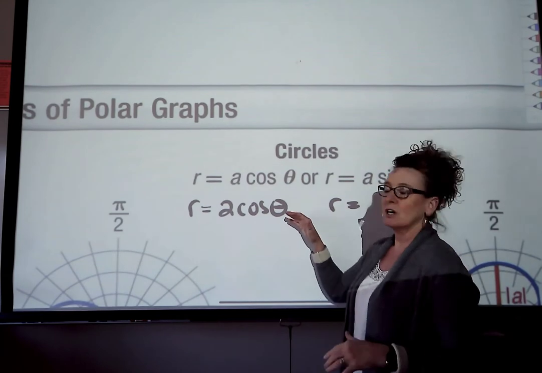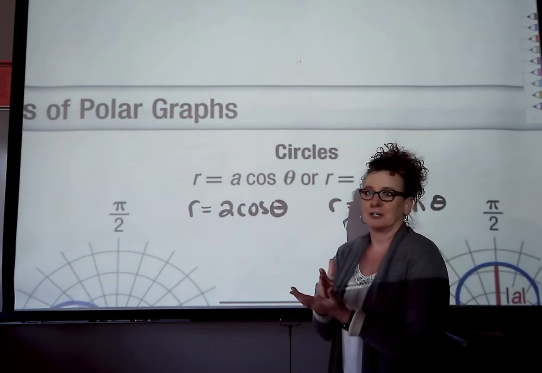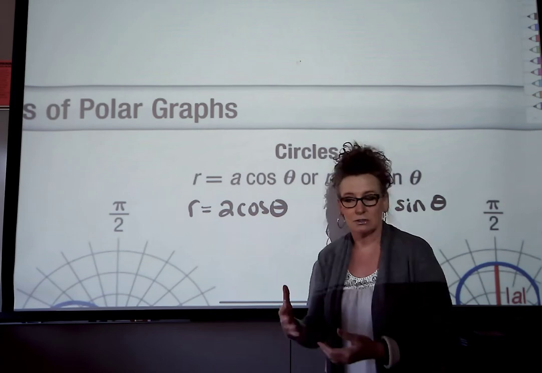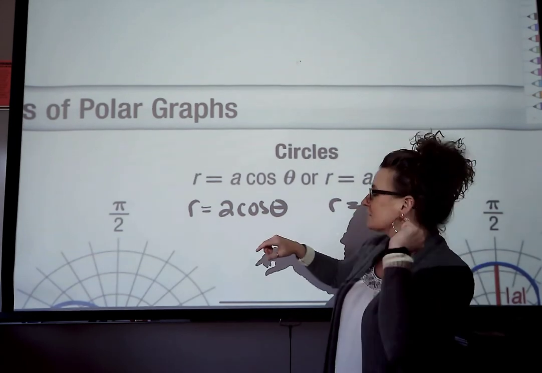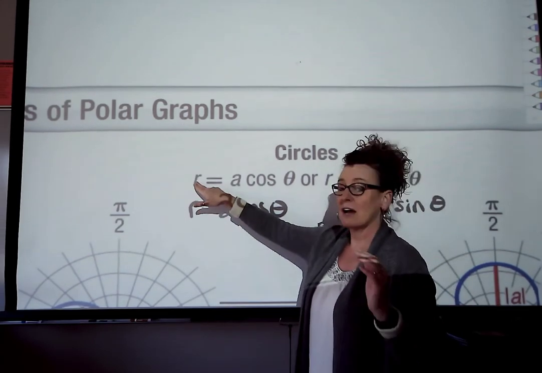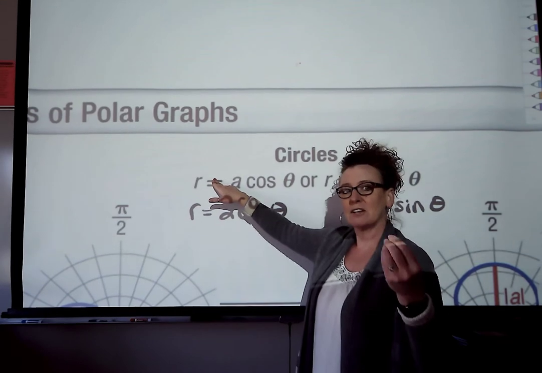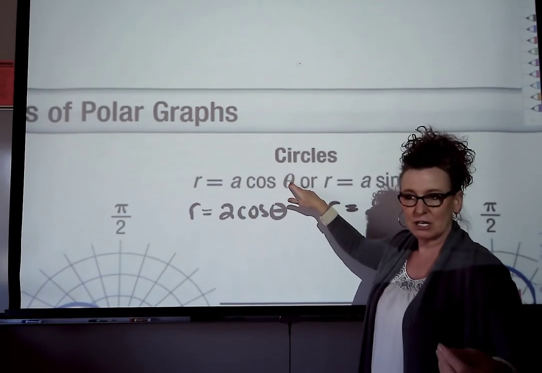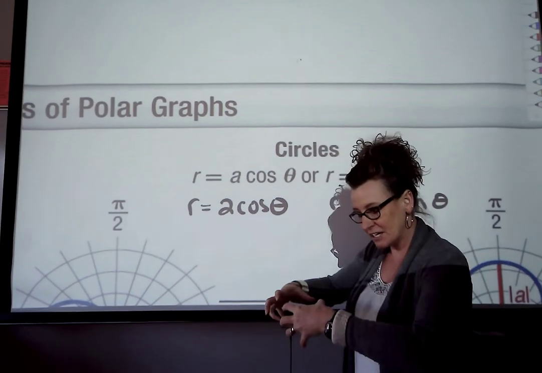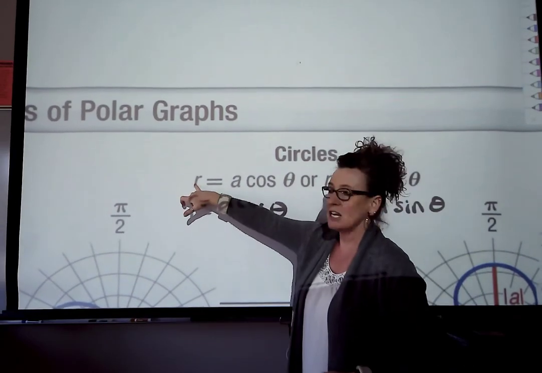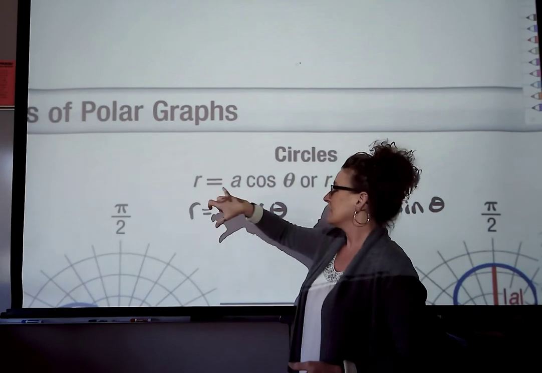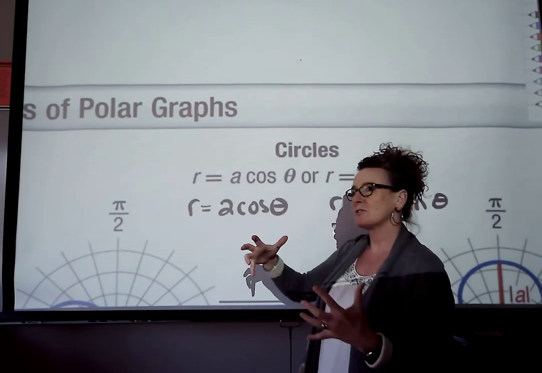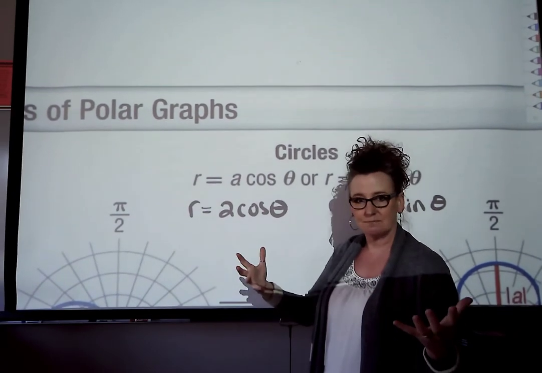Here's an example of the polar equation that would graph a circle. And notice that instead of y equals, we have r equals. And instead of our variable being x, our variable is theta. So we're going to have a theta in our equation, and it's going to equal r. Now, any other variables that you see are just a constant.